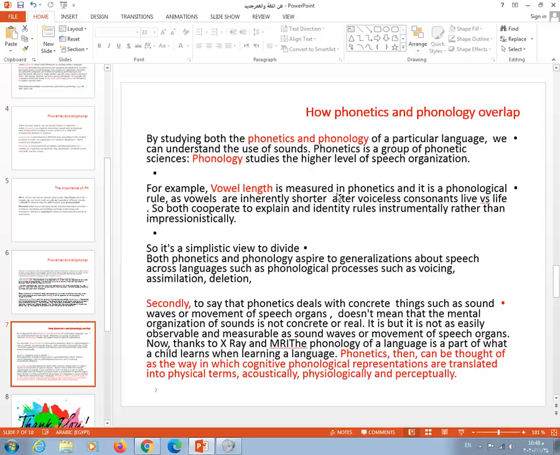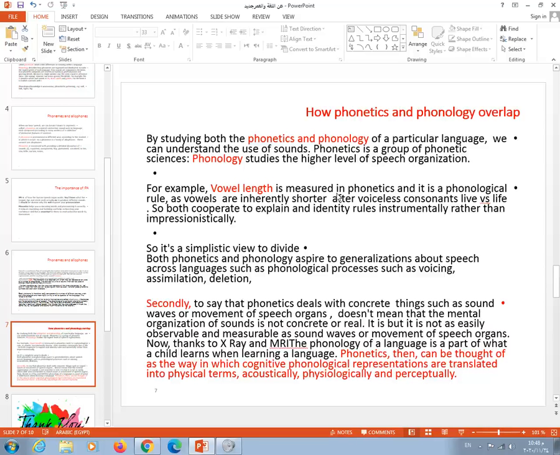So regardless of these forms of t, and regardless of all these forms or allophones of k, we consider that we are dealing with one single phoneme, which is k, and one single phoneme, which is t, regardless of its allophones.